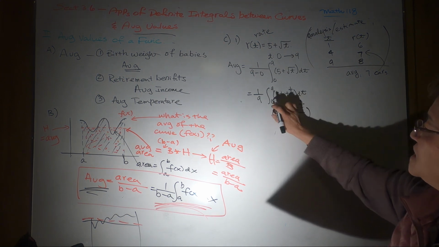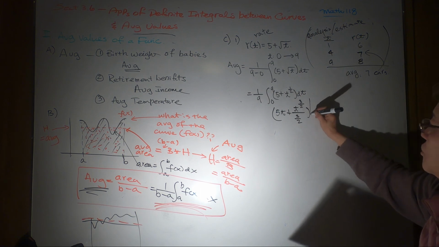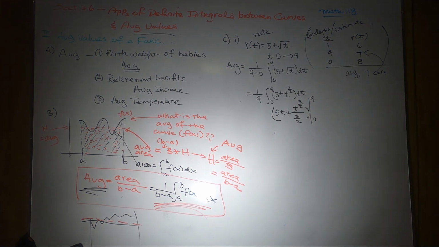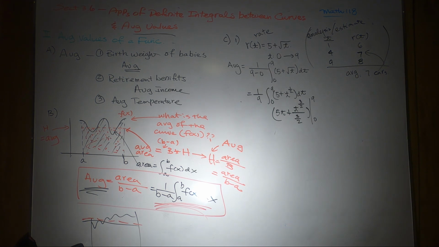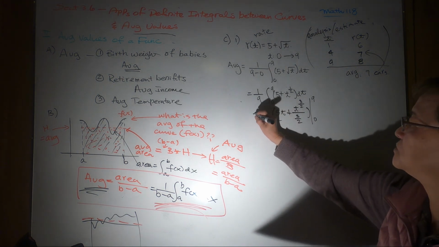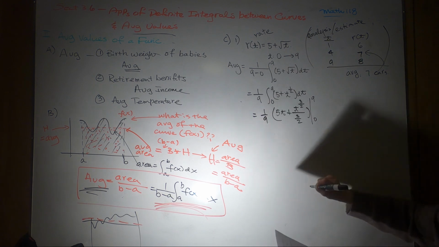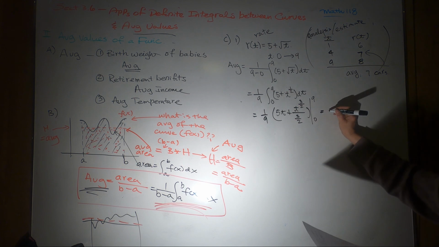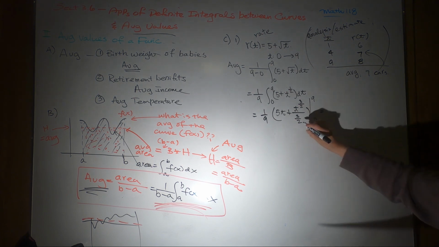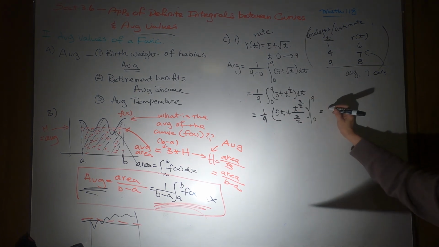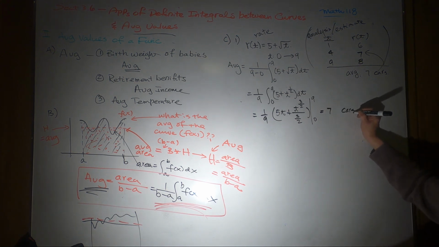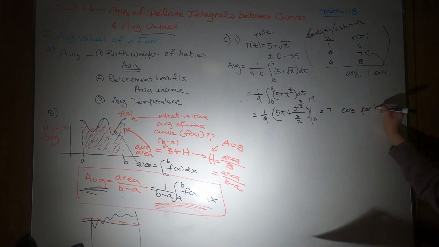Then for the definite integral, we do what? 0 to 9. This way to find the value, right? Then times 1/9. Then you plug in, and that would be 7. It means what? 7 cars per hour.